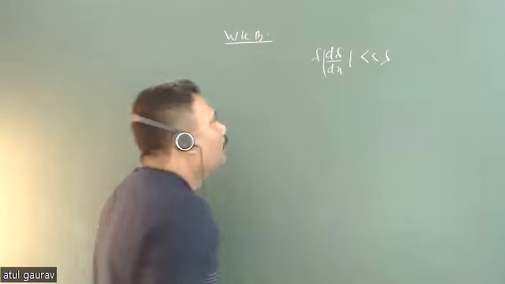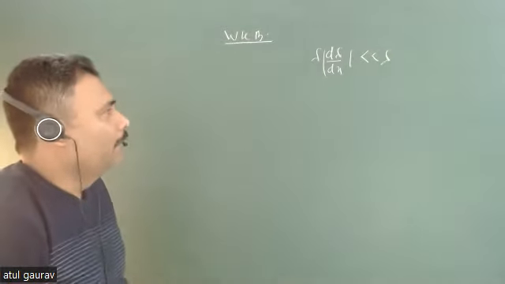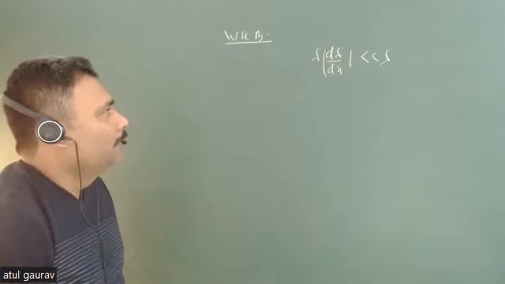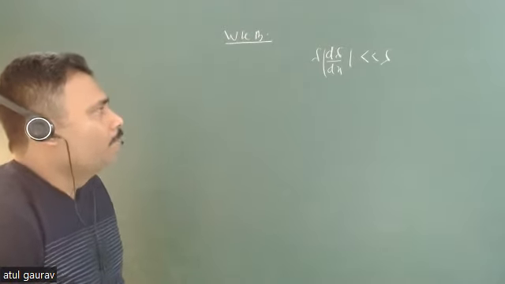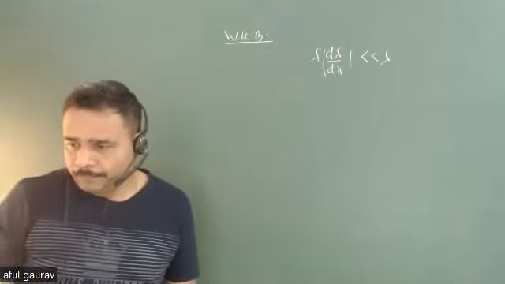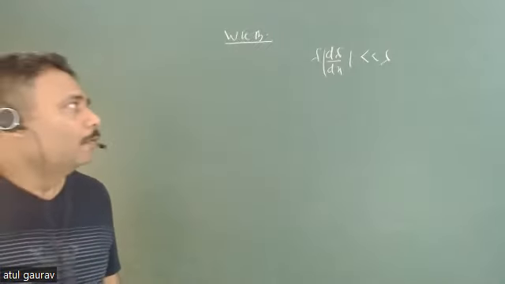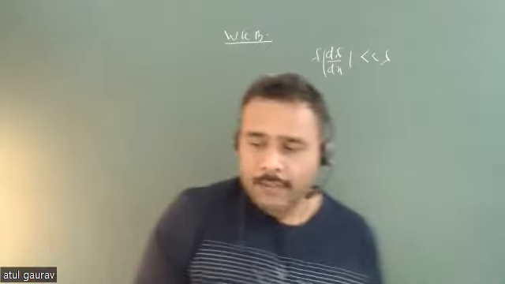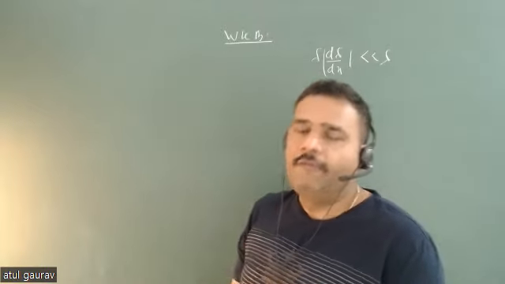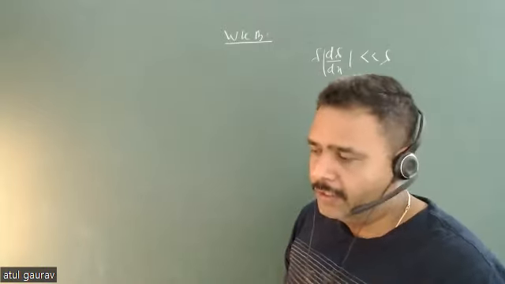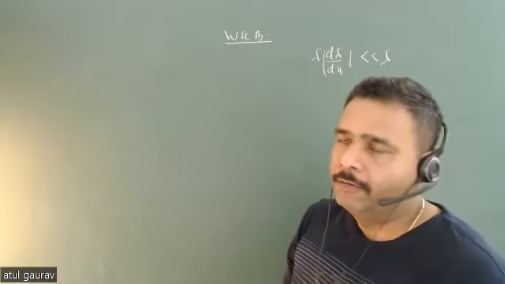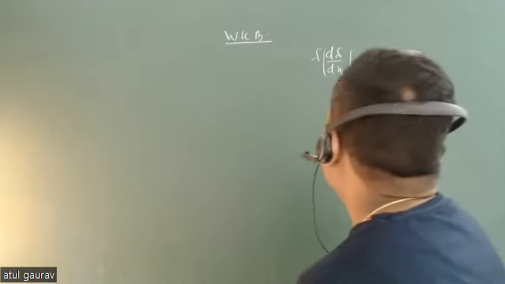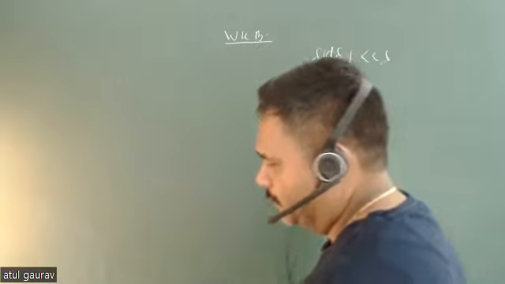So this is your first condition of WKB approximation, isn't it? So your potential should be very slow varying. Your potential should be slow varying. So this is your condition for WKB approximation.